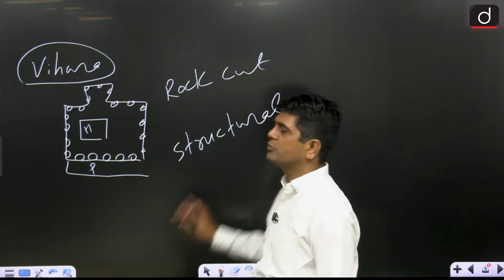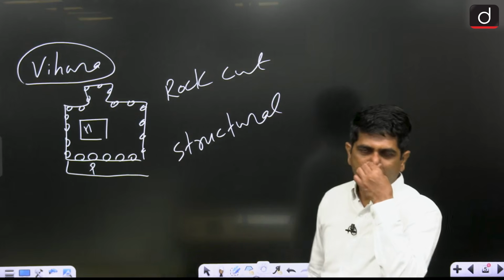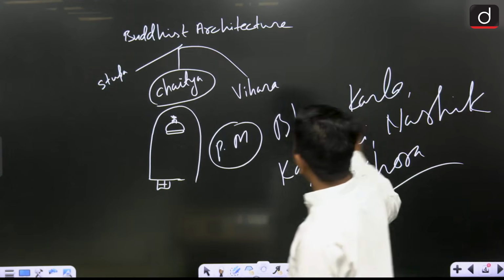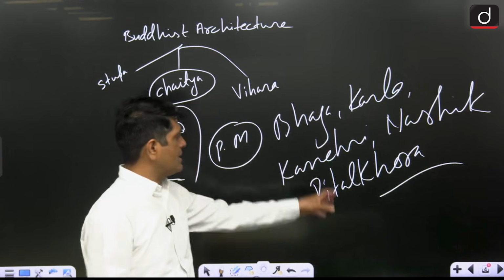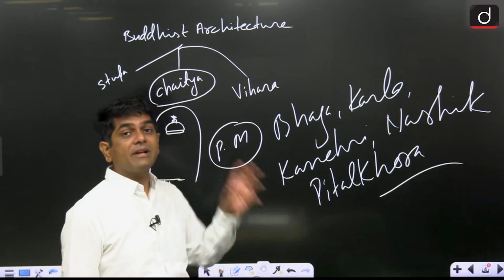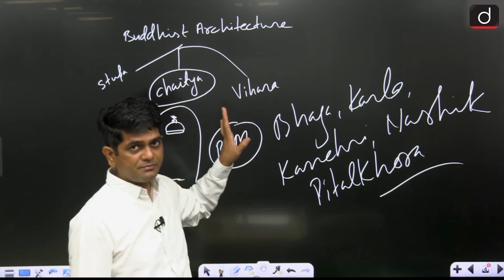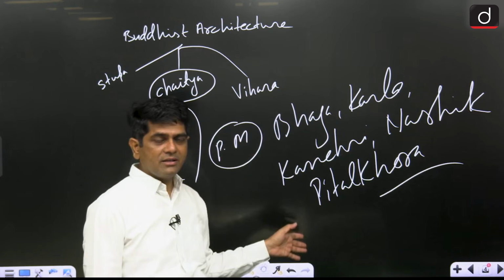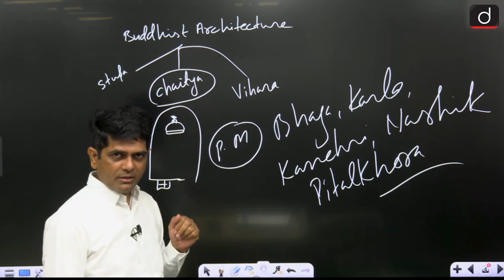Examples of the Buddhist vihara built in the post-Mauryan period under the reign of the Satavahanas are at Bhaja, Karla, Kanheri, Nasik, Pitalkhora, even the Ajanta caves number 9 and 10. So here we have the Chaitya as well as the Buddhist Vihara. Clear, na?